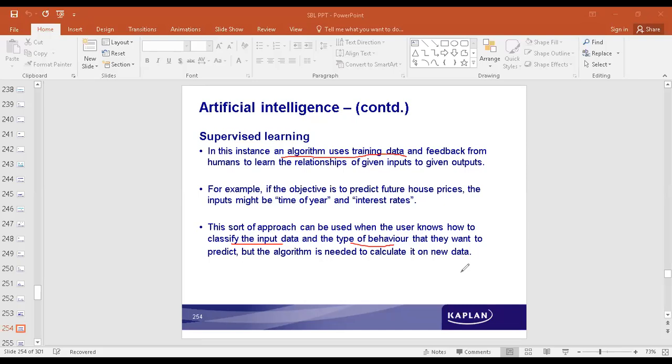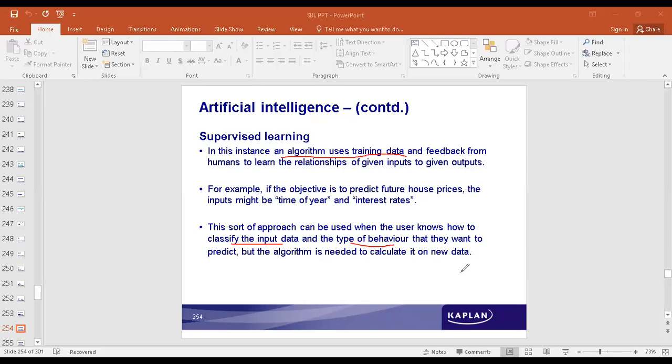So the user also understands the nature of the input. Then when that is loaded into the system in the form of an algorithm, it becomes simple. So for a combination of inputs, what would be the output when it is observed?